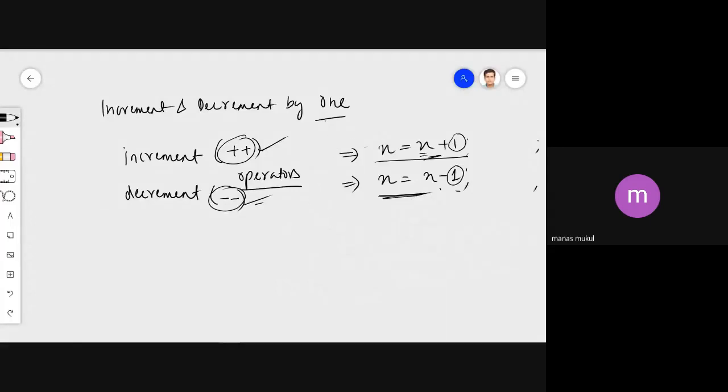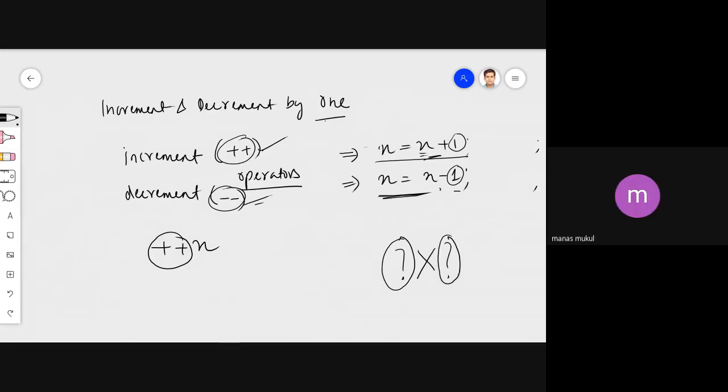Now there are two versions of the increment and decrement operators, I told you, right? In the first version, when we are using this as a prefix, you know what is prefix and what is suffix, right? If you write a symbol here, this is prefixing, and when you write something here, it is postfixing.